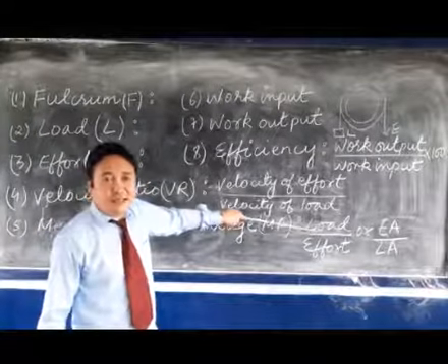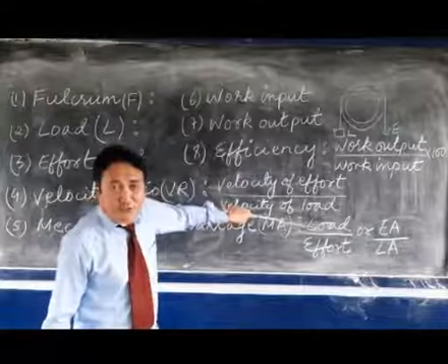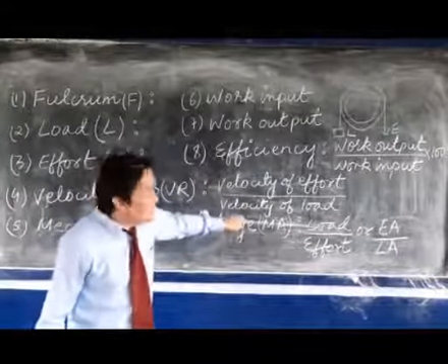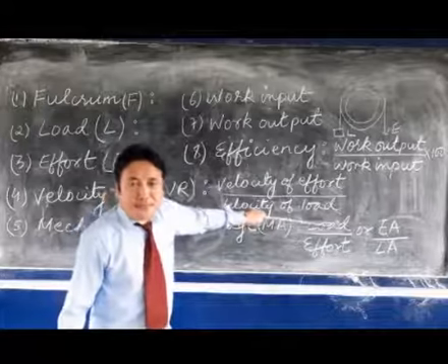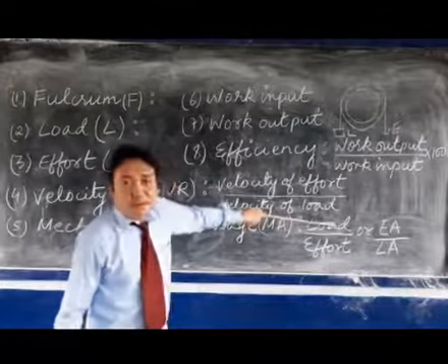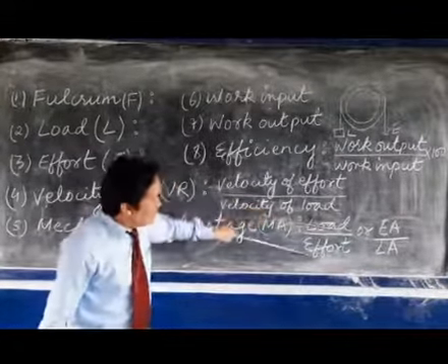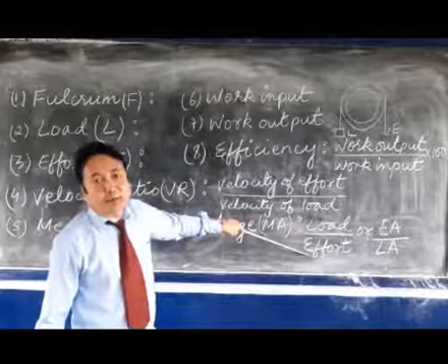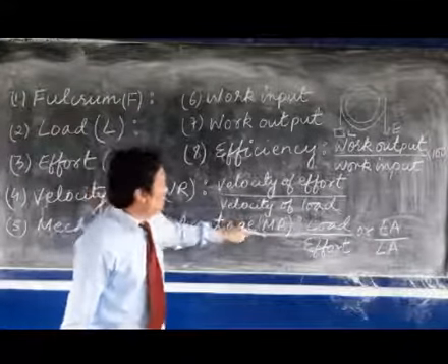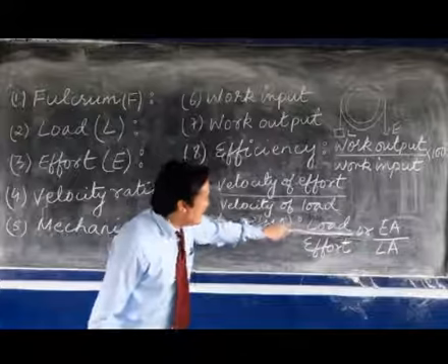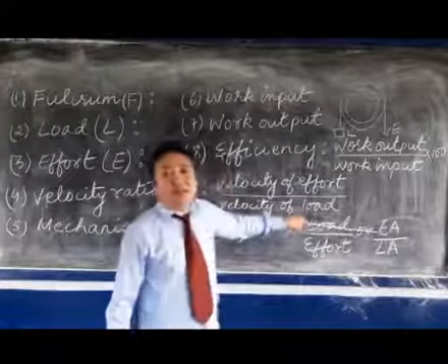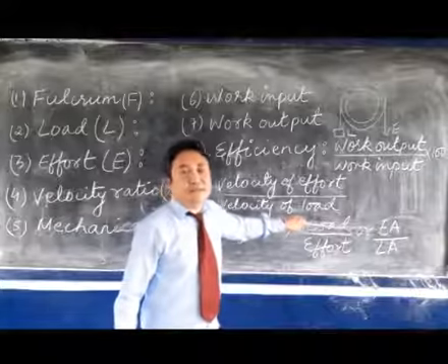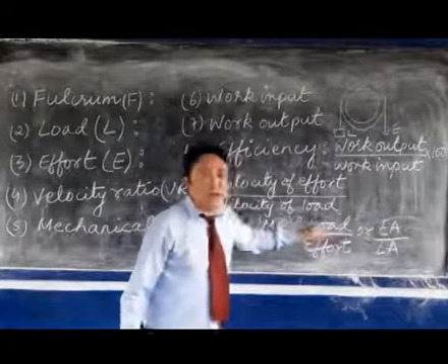Mechanical advantage is the ratio of load to the effort, where load means the force exerted by the machine. It can also be defined as EA divided by LA, where EA means effort arm and LA means load arm.